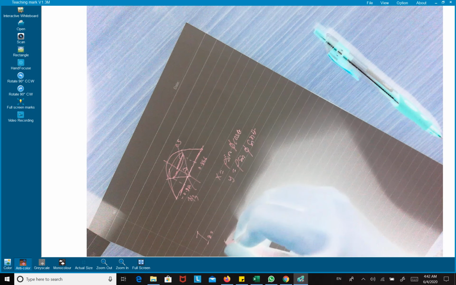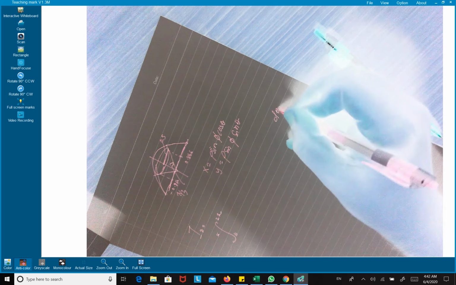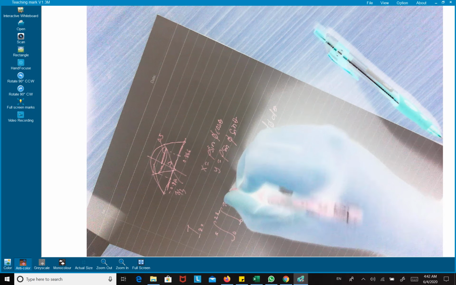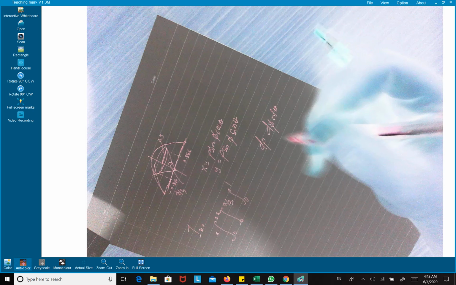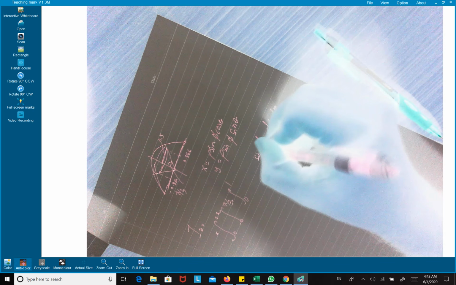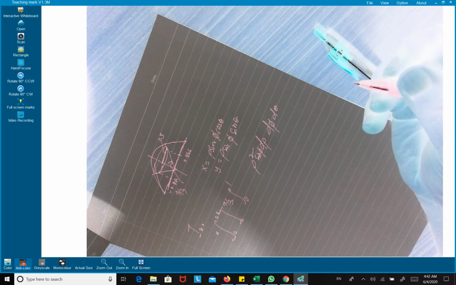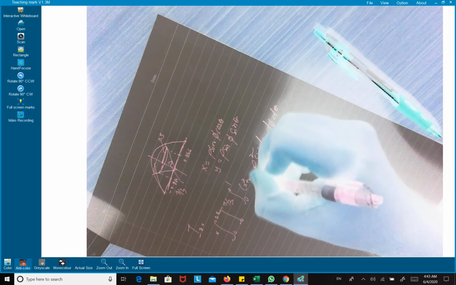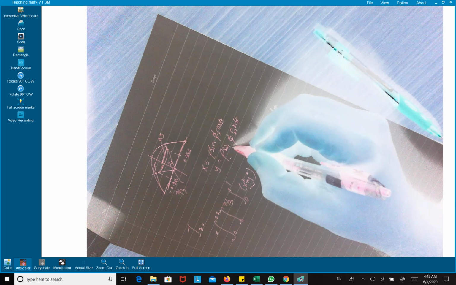So your Iz will be 0 to 2 pi d theta, then 0 to pi over 3 is d phi from the z-axis, and rho is 0 to 1 d rho, and then we have sine phi and rho squared. The inside one is x squared plus y squared.